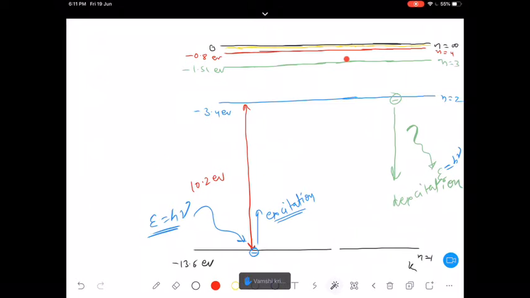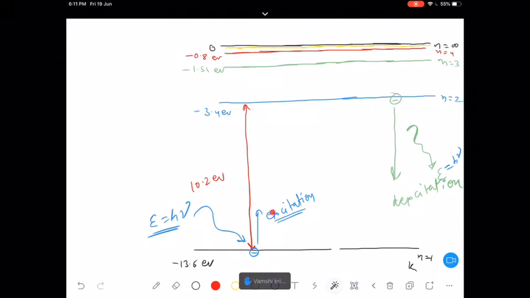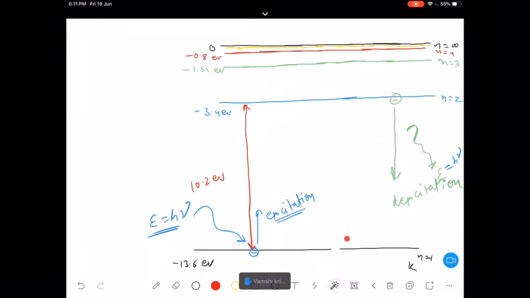A negative value will come when you move from 3 to 1, which means the energy is being released. If you are moving from first to third, you have to supply energy, so energy will be absorbed. Means E2 minus E1 will come out to be a positive value. Now you can understand, right?